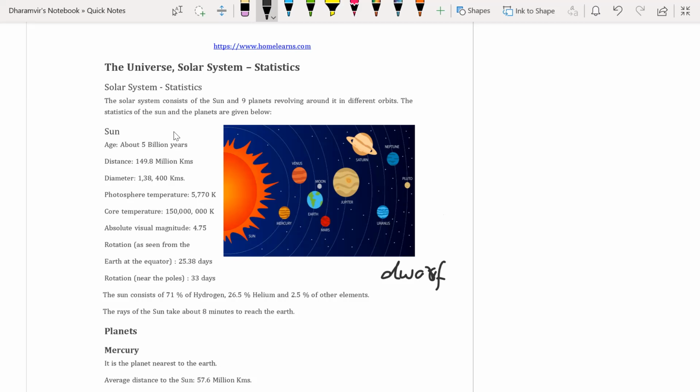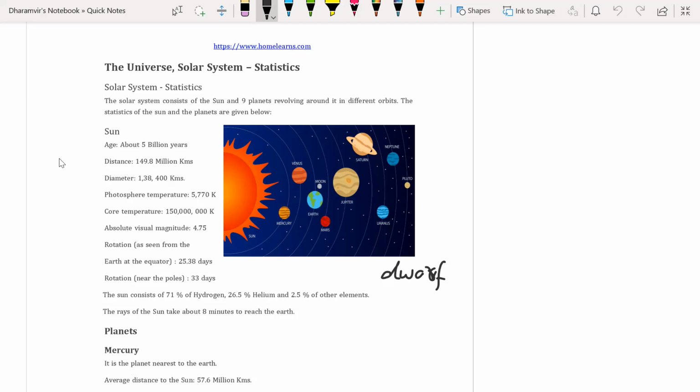Let's study in detail the statistics of the solar system. First of all, the sun and 9 other planets revolve around it in different orbits.